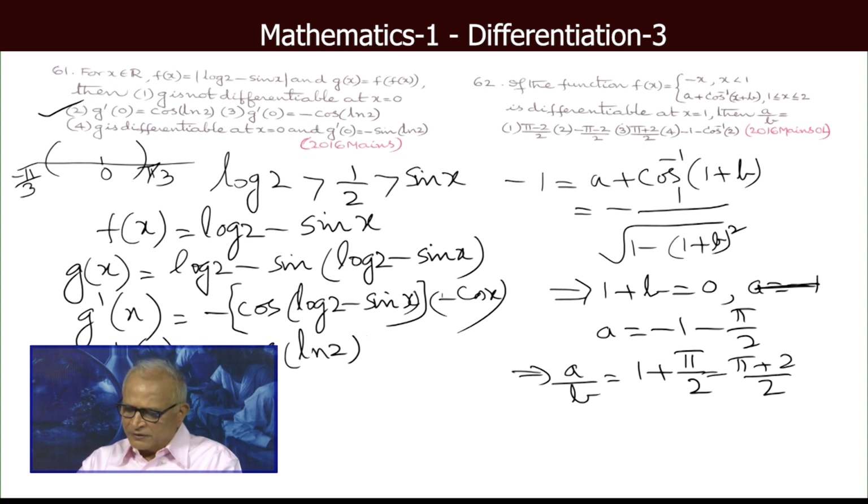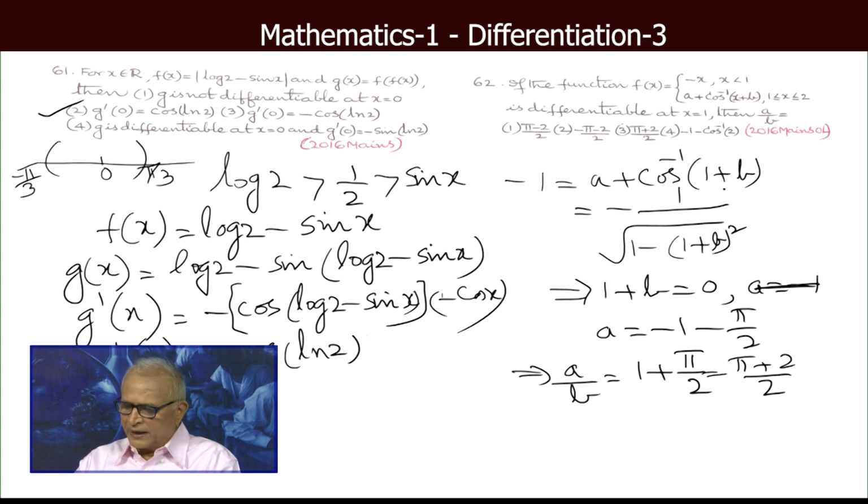The left hand derivative is once again minus 1. The right hand derivative is the derivative of a plus arc cosine of (x plus b), which is minus 1 by root of 1 minus (x plus b) whole square. But this is equal to minus 1, which means this denominator must be equal to 1, so 1 minus (1 plus b) whole square is 1.